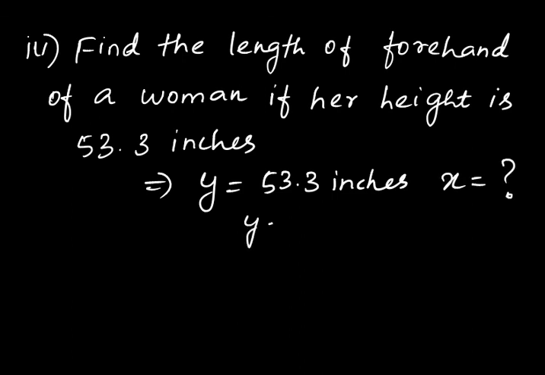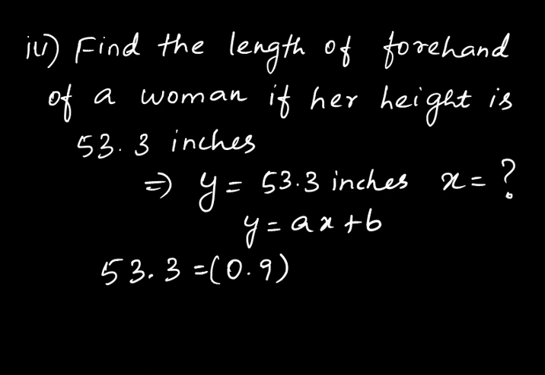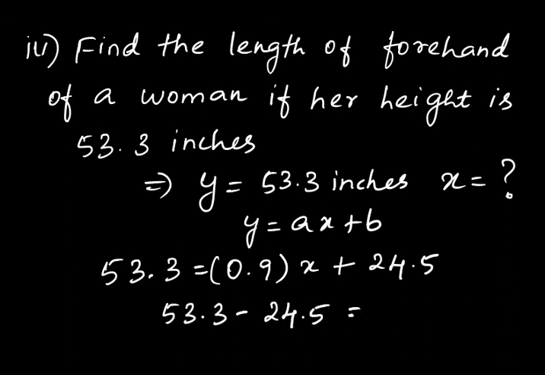So write the equation y is equal to ax plus b, y value is 53.3, a value is 0.9 into x plus b value is 24.5. You need the value of x, so send 24.5 that side, so you'll get 53.3 minus 24.5 is equal to 0.9x.